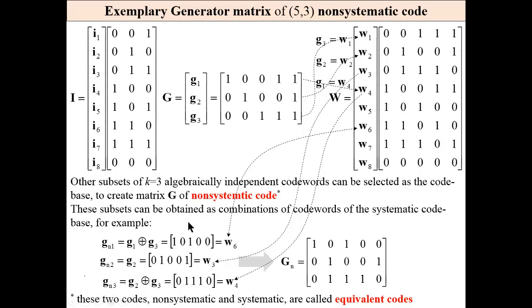Other subsets of K equal 3 algebraically independent code words can be selected other than this subset to create the so-called non-systematic code.